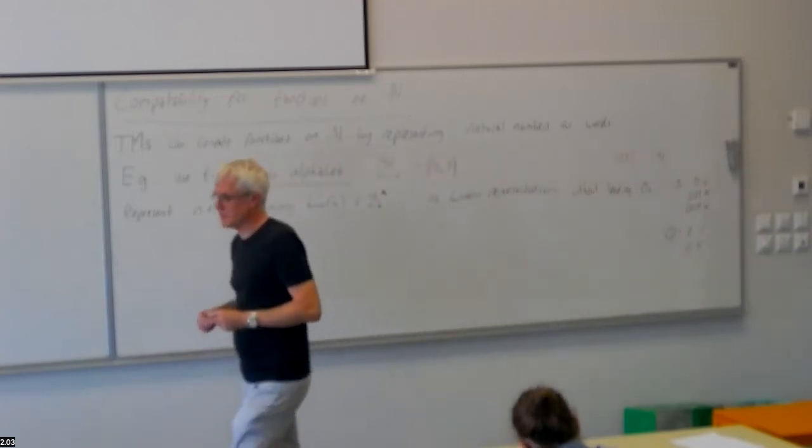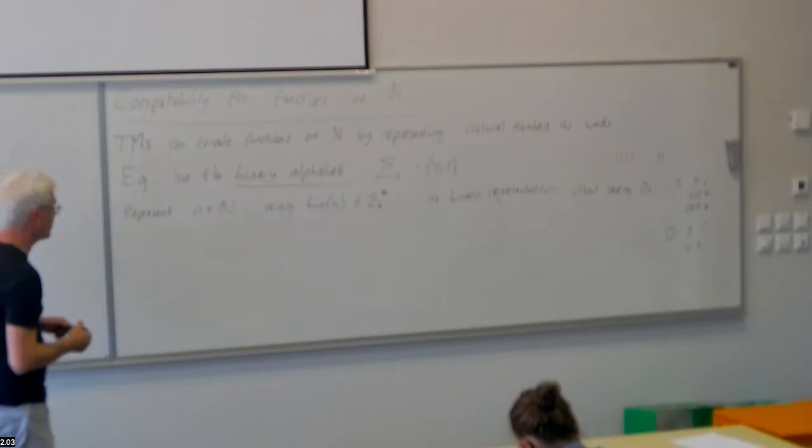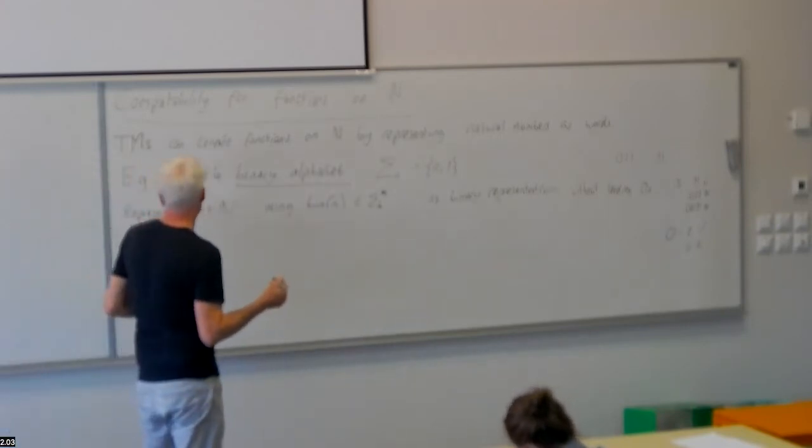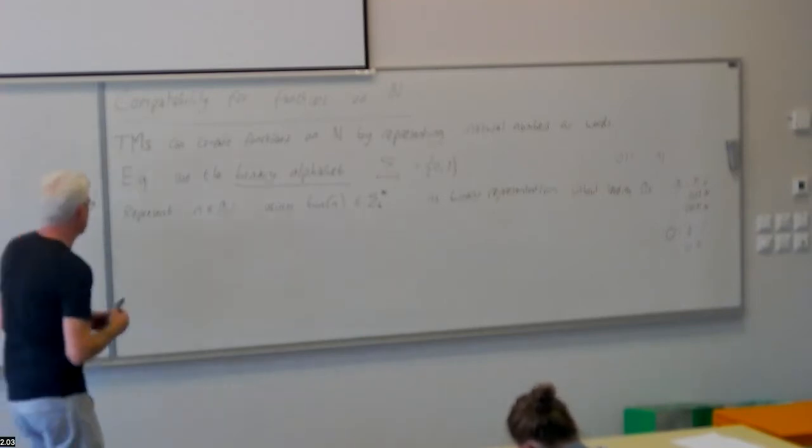And now it's easy to define what it means for a function from natural numbers to natural numbers to be computable.